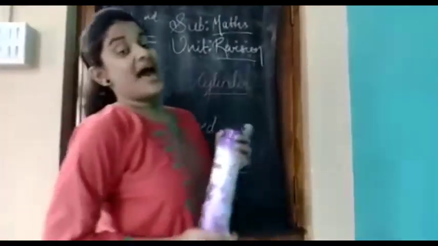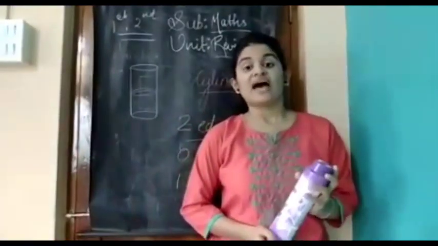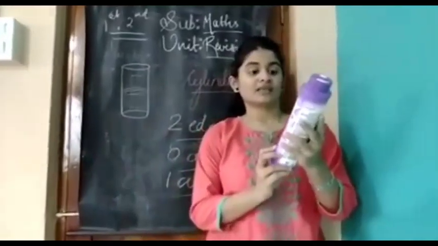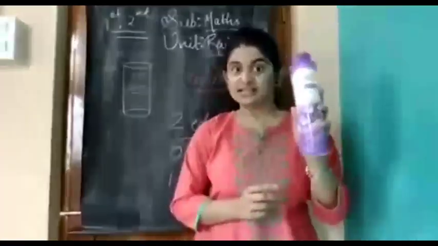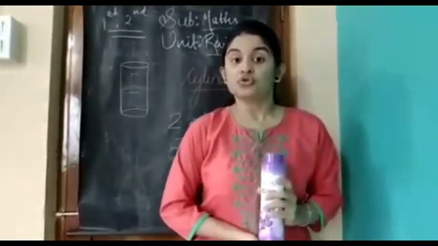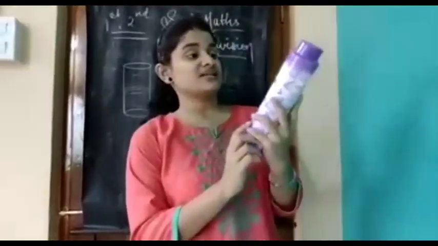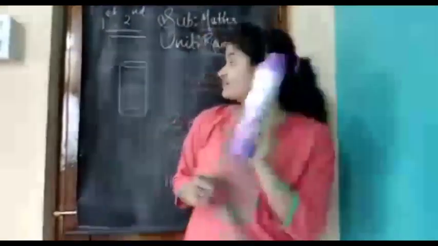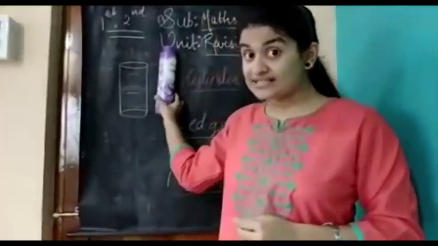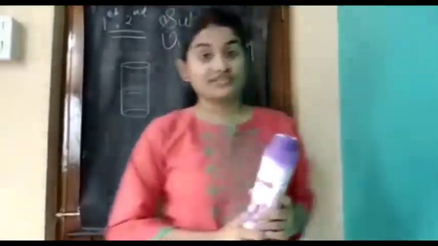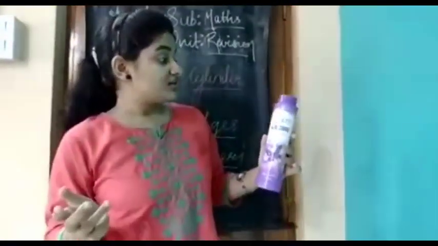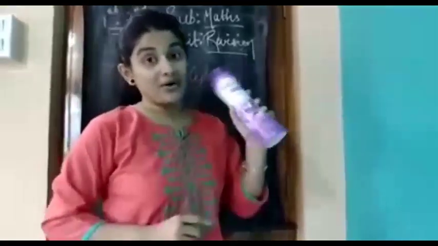So students, as you can see in my hand, there is a talc, right? This is a powder. So students, the shape of this powder is cylinder, right? Yes. So tell me, how many edges does this powder have?